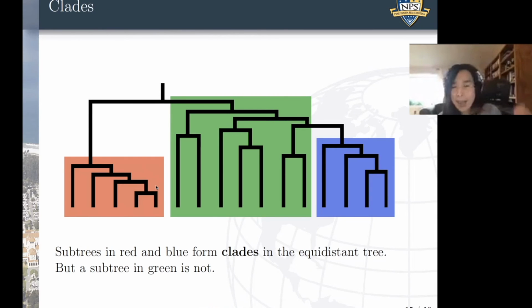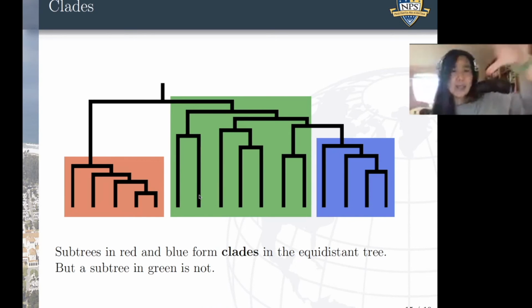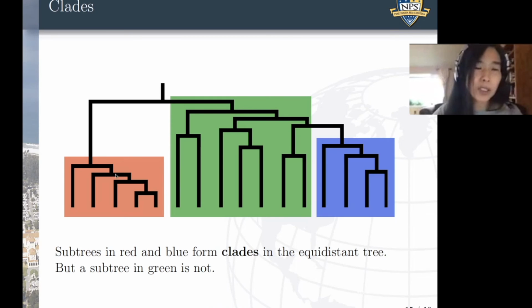Another theorem focuses on the clade. Before stating my theorem, I'm going to define a clade. I tried to write down the formal definition, but it was too long, so I'll just show you a picture.